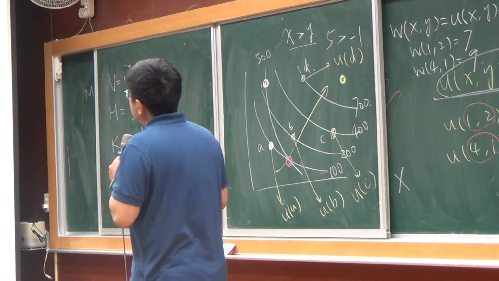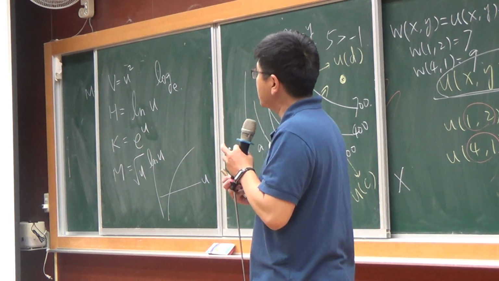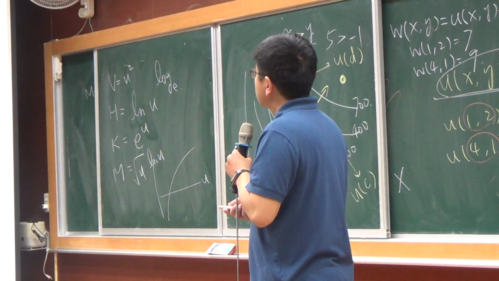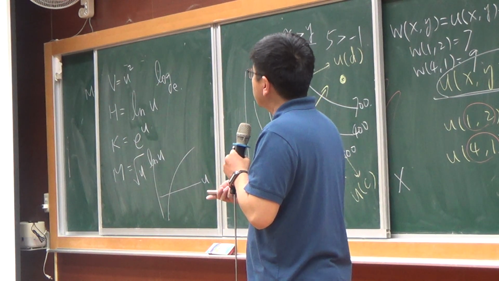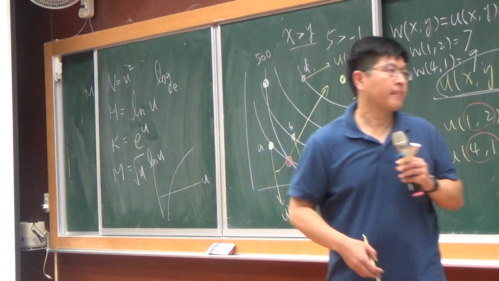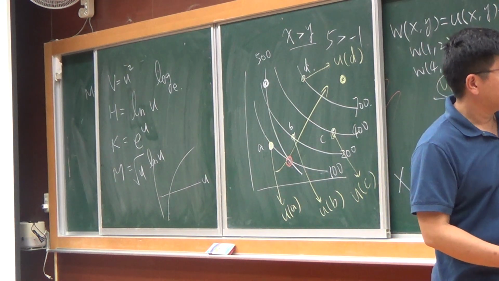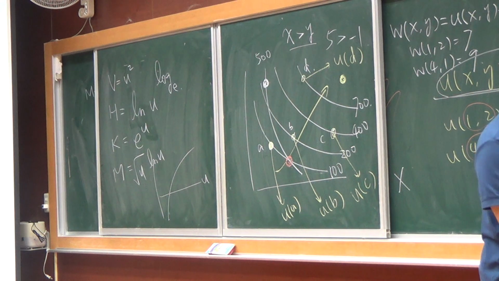Alright, the general utility function, now we have a 3D diagram here. It's B, burrito, Z, pizza, and it's U, pizza and burrito.